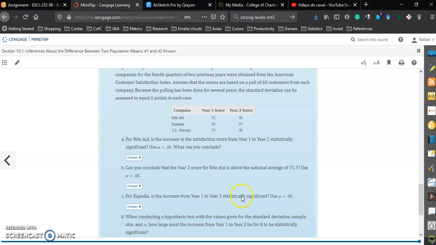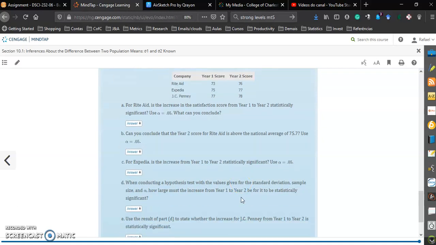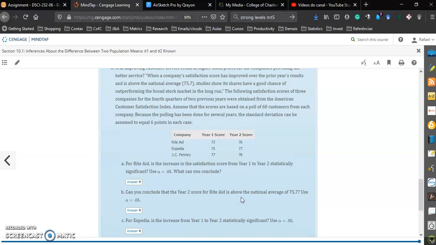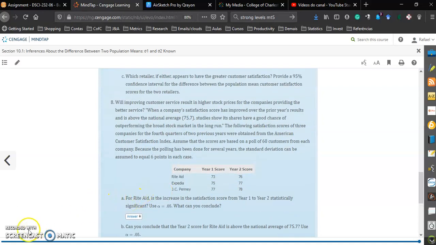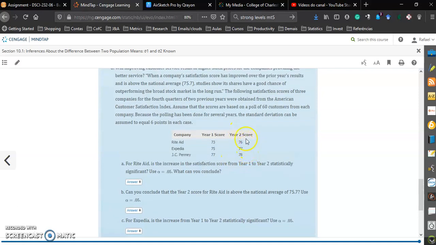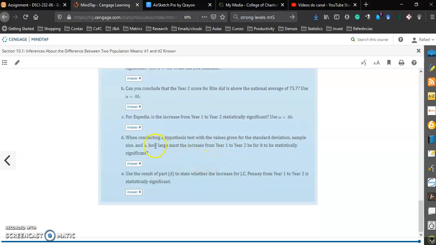Let me see another one. Can you conclude? This one could help. I have only 2.5 minutes. What this statement is talking about is that they have ratings for J.C. Penney and other companies, a score in year 1 and a score in year 2. And I think they want to know if the score in year 2 is higher than the score in year 1.